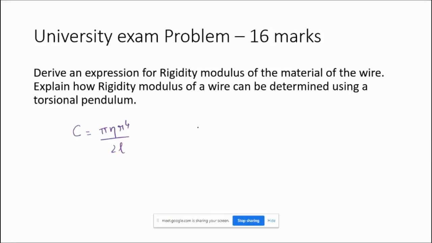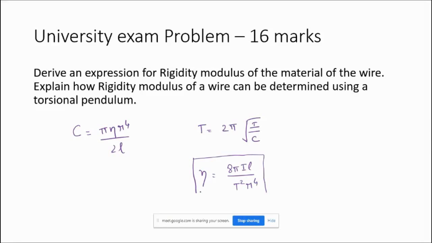Then by using the principle of simple harmonic motion, you have to show that T equal to 2 pi root of I by C. In substituting for C and simplifying this expression, you would have eta equal to 8 pi IL by T square r power 4. Okay. So arriving at this expression would fetch you 12 marks.